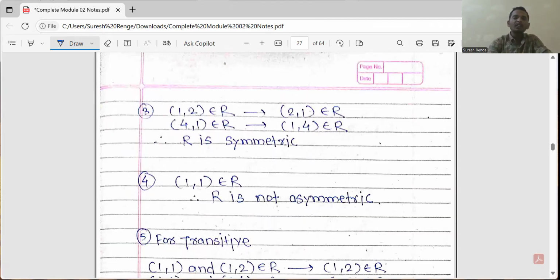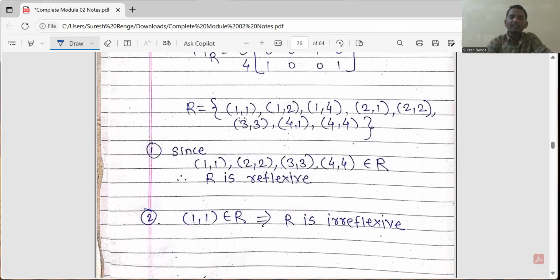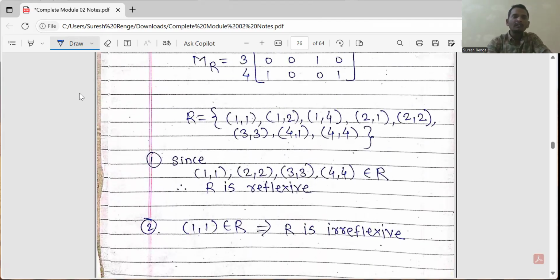Let us observe the original relation. The self-related elements are (1, 1), (2, 2), (3, 3) and (4, 4). Other than this, four elements are available.